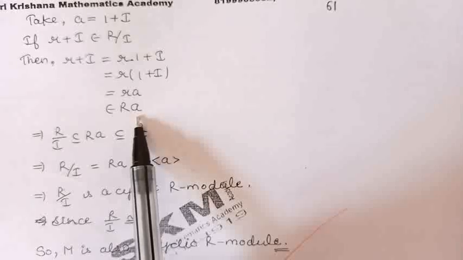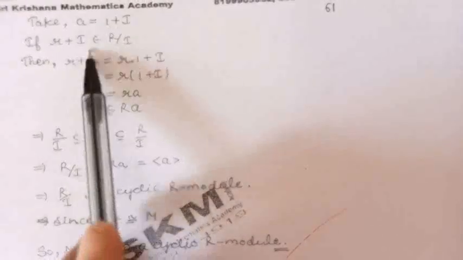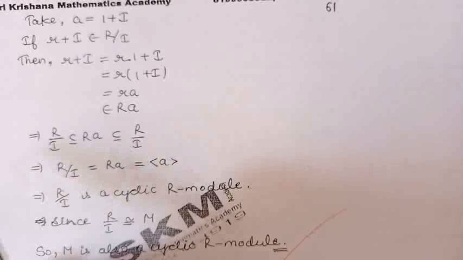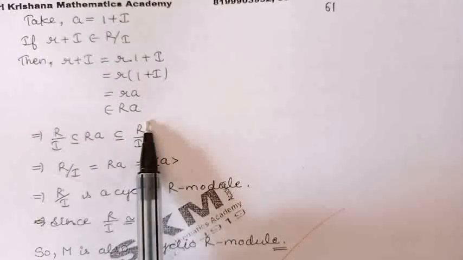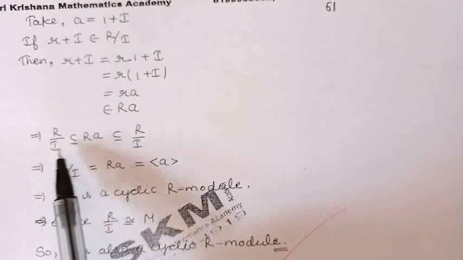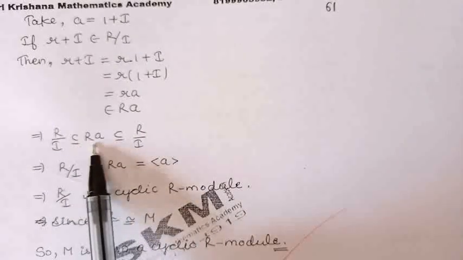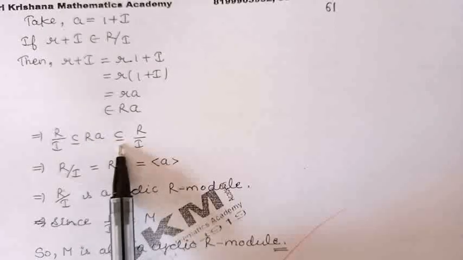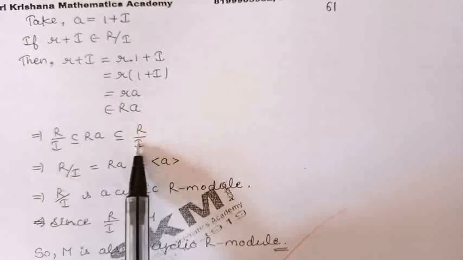So we have shown that if we take an arbitrary element r plus I belonging to the quotient ring R by I, then that element belongs to Ra. It means R by I is contained in Ra. And similarly you can prove Ra is contained in the quotient ring R by I.